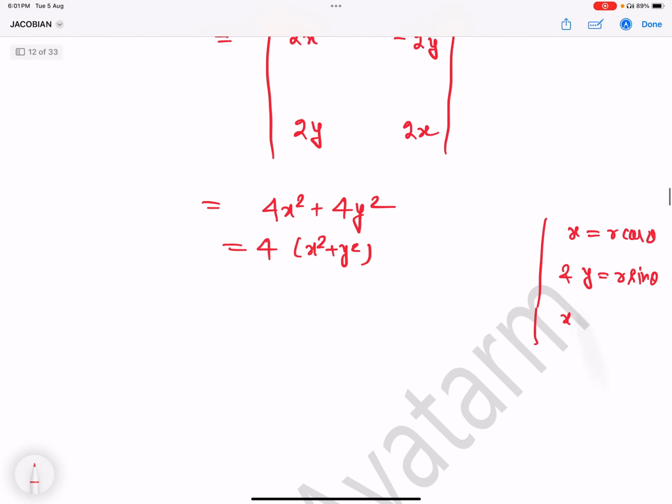So what is x² + y²? That is r², because cos²θ + sin²θ is 1. Finally, we have to change this to r and θ because we have to find the Jacobian of u and v with respect to r and θ.